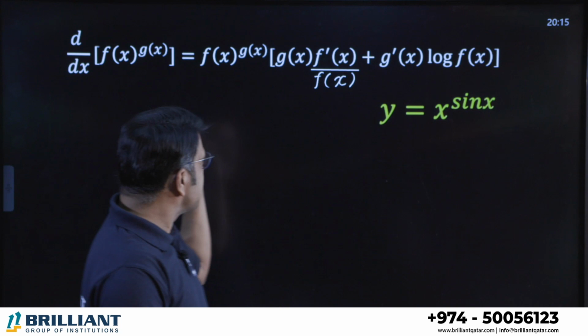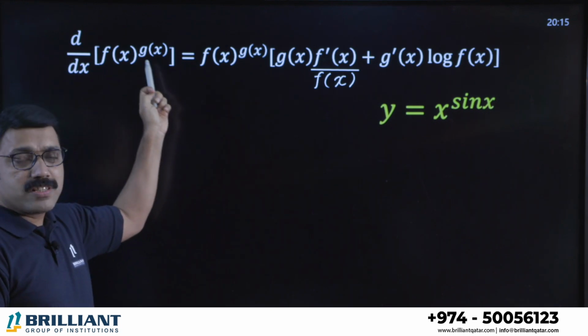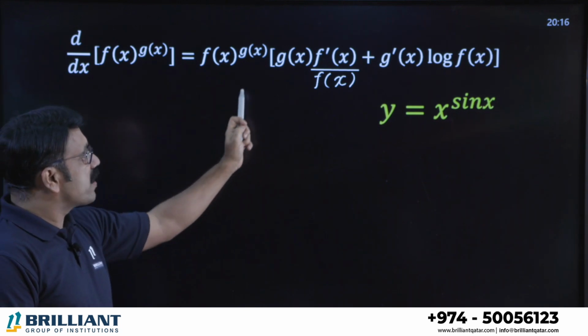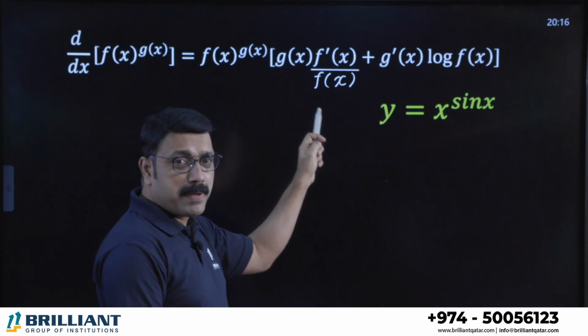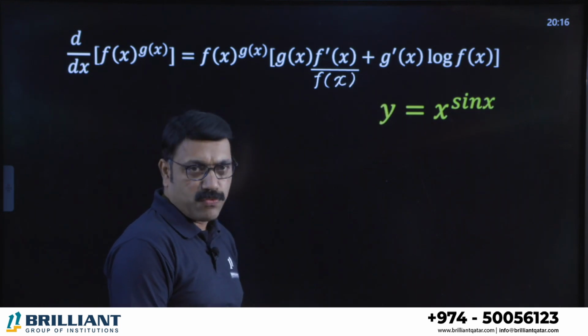The formula, please listen: derivative of f of x power g of x is equal to f of x power g of x into g of x into f dash x divided by f of x plus g dash x into log f of x.